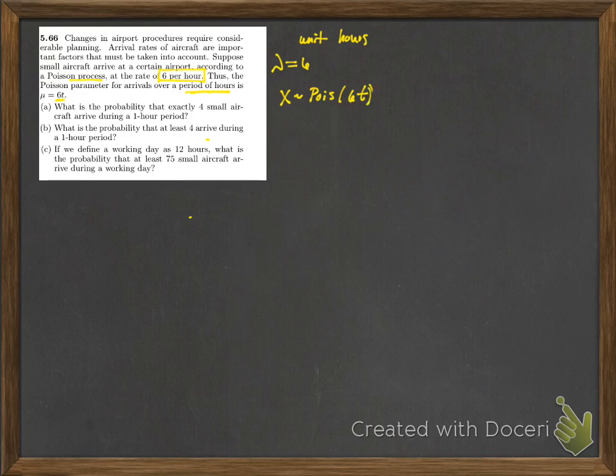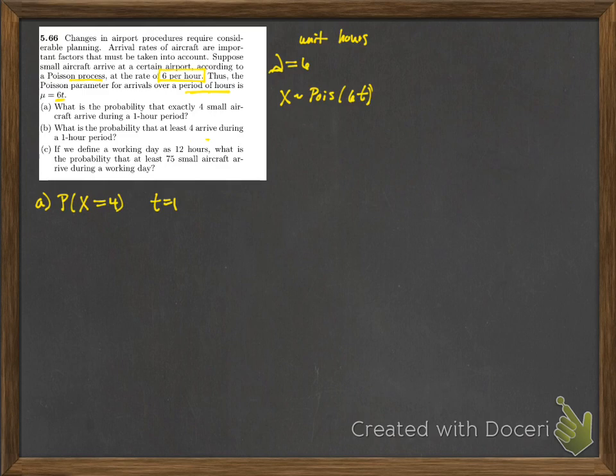So now let's come down here. A: What is the probability that exactly 4 aircraft arrive during a 1 hour period? In this case, t is equal to 1, we're not doing it over more than 1 hour.